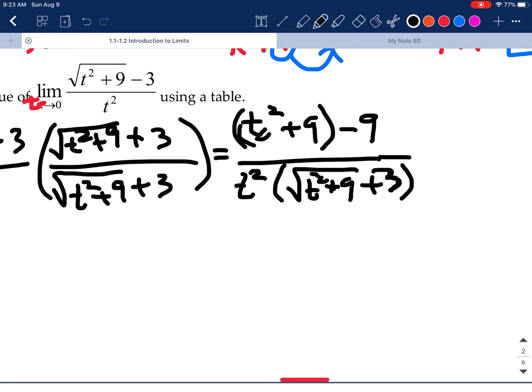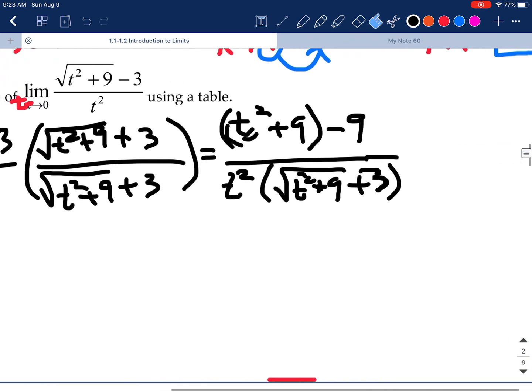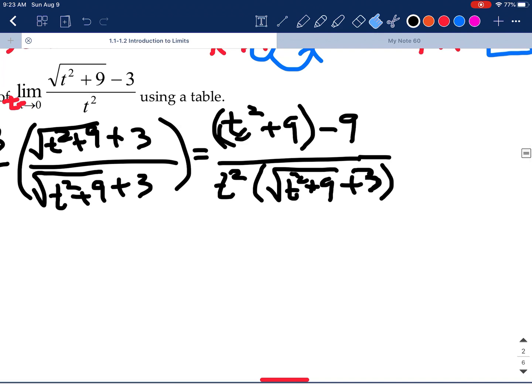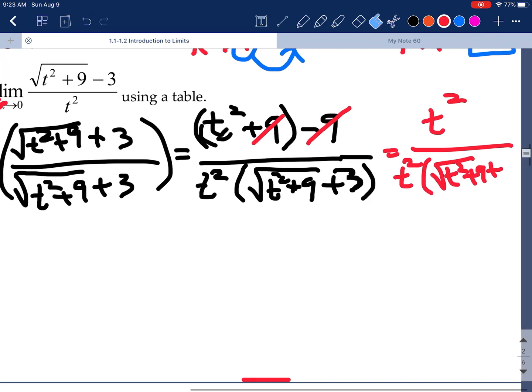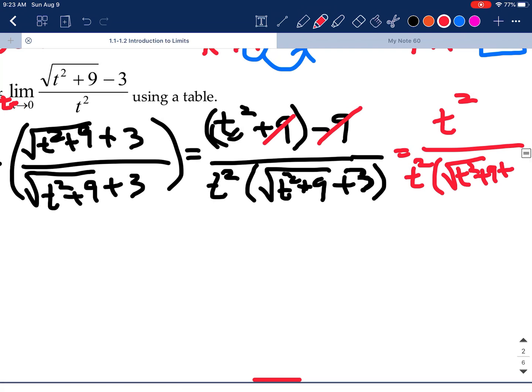plus 3. So now if I simplify my function a little bit, I can see that the 9s are going to cancel, which means that I end up with t squared over t squared times the conjugate expression. But then also, we get some cancellation.